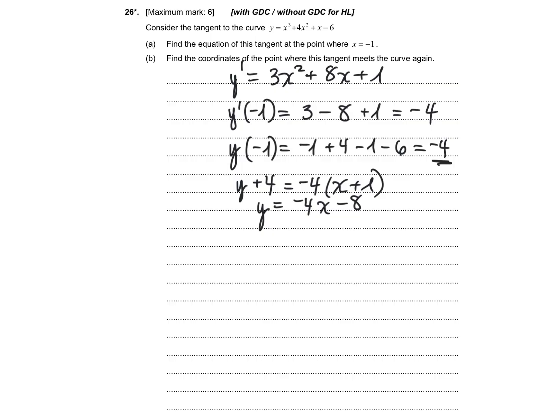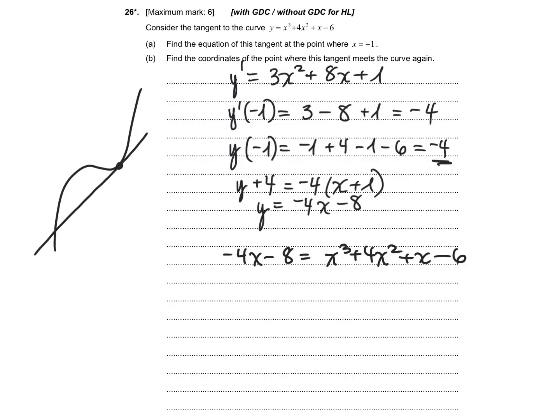Now we want to set that equal to our curve and solve it without a graphing calculator, because they want us to find the coordinates of the point where this tangent meets the curve again. So we have some cubic, and then we have some tangent, and we want to find the second intersection.